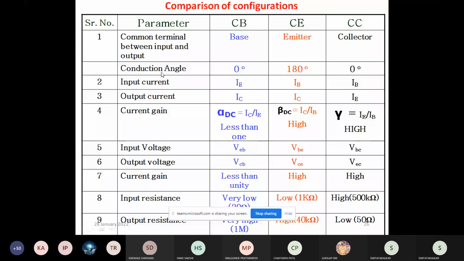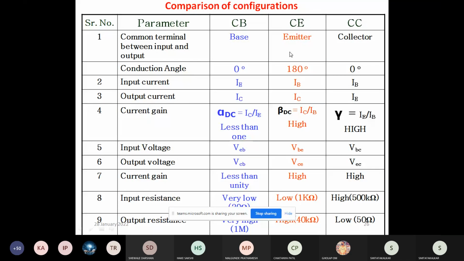Then next, conduction angle. This is most important. Where is the transistor on? In a CE amplifier, the transistor is on and the transistor is also off. The transistor goes to forward bias at the emitter base terminal, and that's why it is working as forward bias for the positive half, and the emitter collector terminal is in reverse bias.